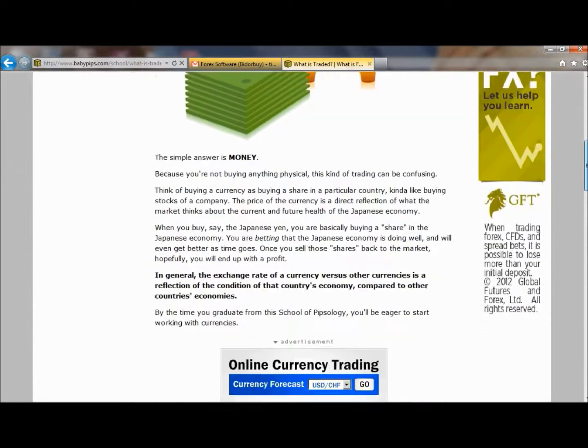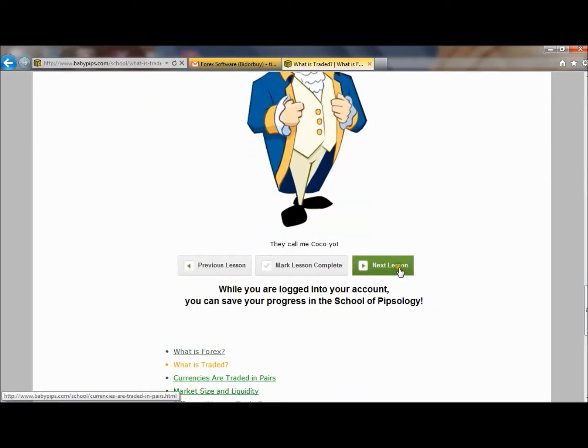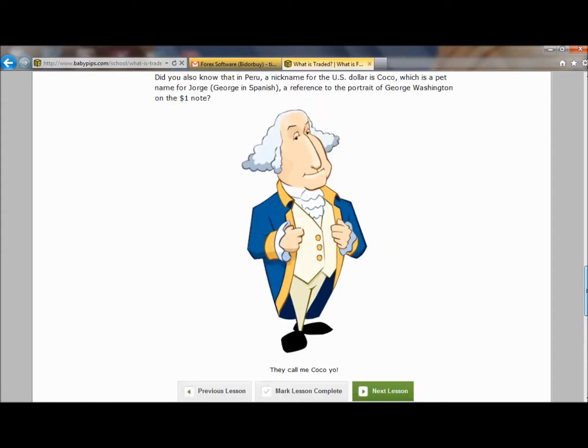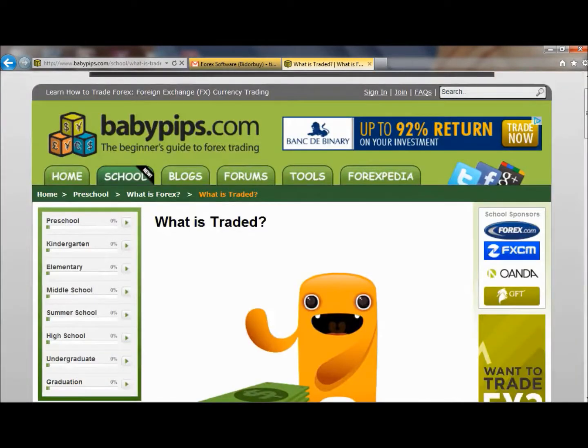So you can just scroll down, finish this, and go to next lesson again. So that's basically the free course. It's a very, very good course. So really, please do this before you even start with the actual training of the software.